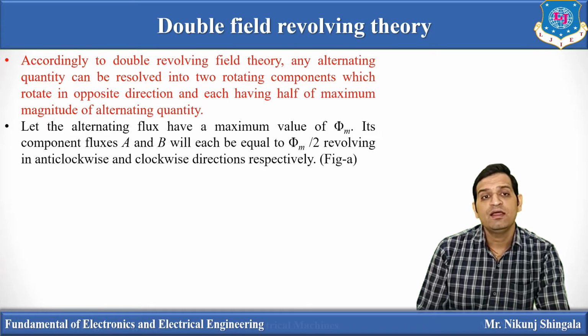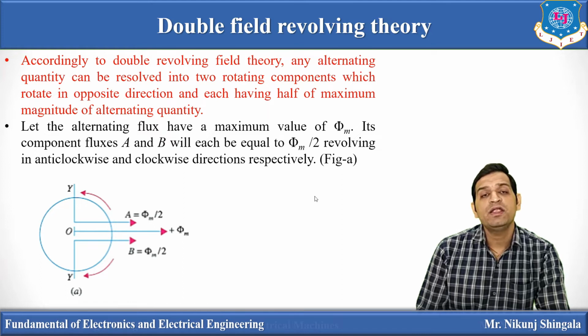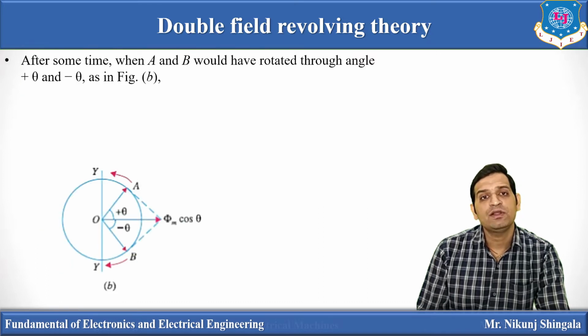Now, to understand that, here one alternating flux which has a maximum value phi m is taken. You can see there are two flux components, A and B, of equal magnitude phi m by 2, rotating in anticlockwise and clockwise direction respectively. After some time both A and B have rotated through an angle theta, at the same speed.